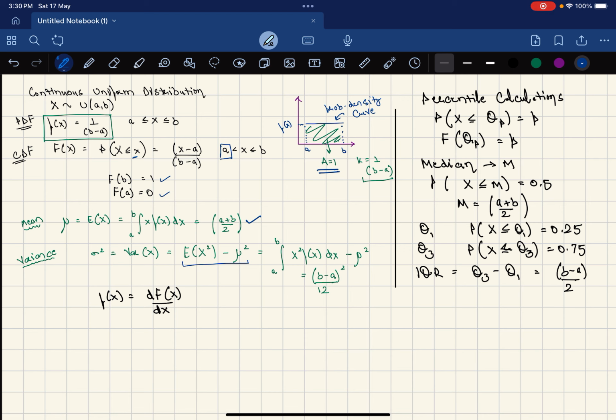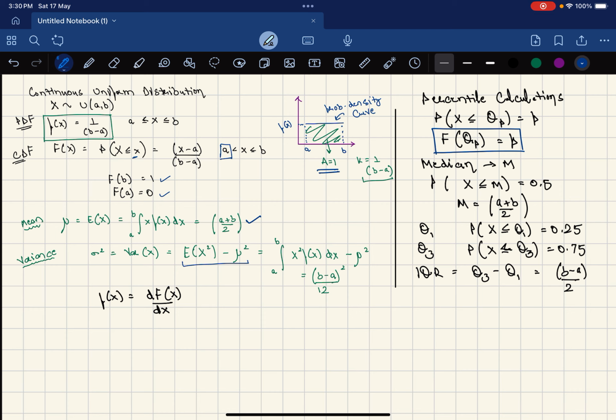We use the cumulative distribution function to get the required pth percentile value. Using the same function, we were able to get the median, since median is nothing but the 50th percentile value. Therefore, we simply equate the CDF value to 0.5 to get the required median value. And we saw, since this is a uniform distribution, the median value would be nothing but the middle value of the total range, which was a plus b upon 2.